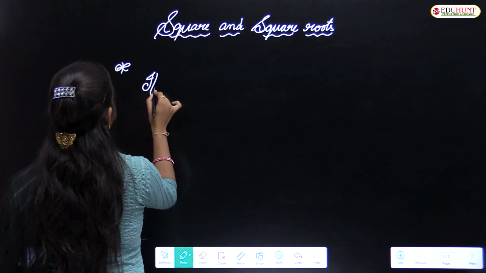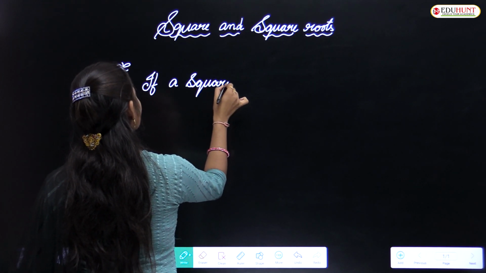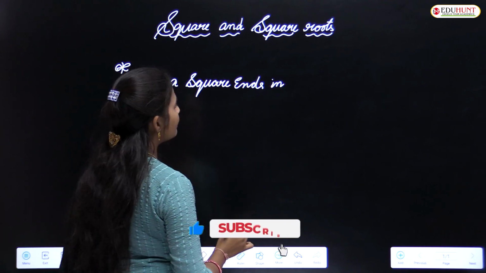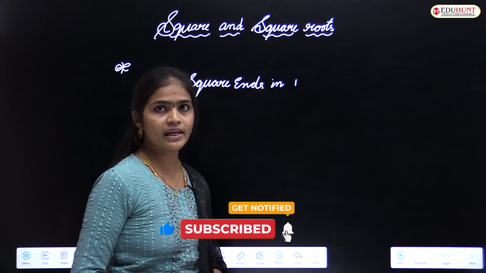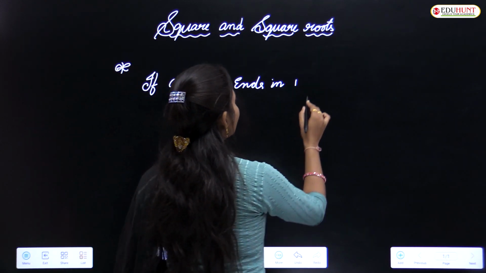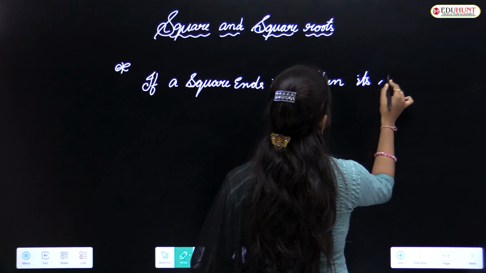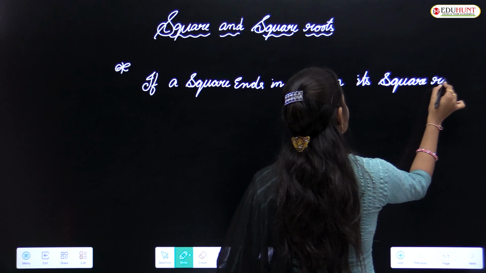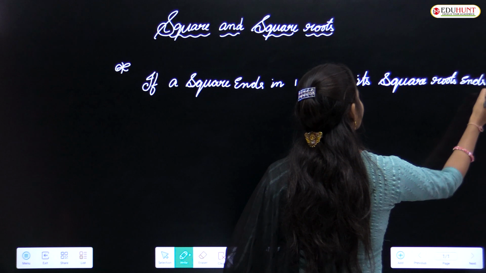If a square ends in 1, then its square root ends in, okay.